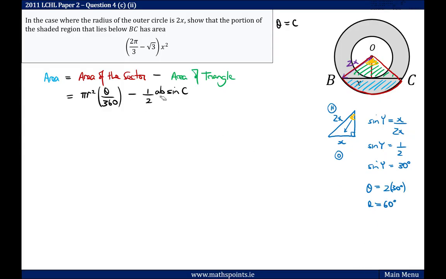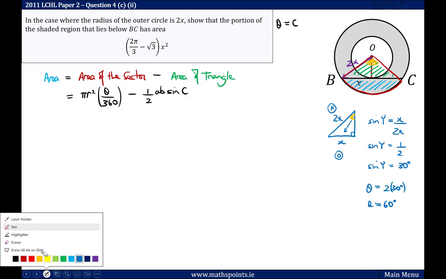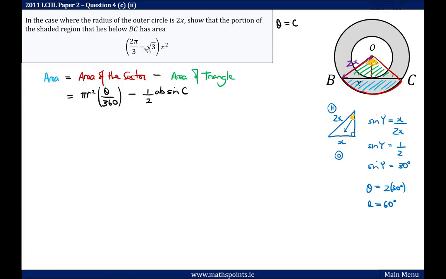Okay, so let's see if we have enough information now to get the answer that we're looking for, which is 2 pi over 3 minus root 3, all over x squared, or multiplied by x squared. So pi r squared is pi. Now the radius of the sector, the red sector, is 2x, and that's going to be squared. So 2x by 2x. And then theta, our angle, is 60 degrees.